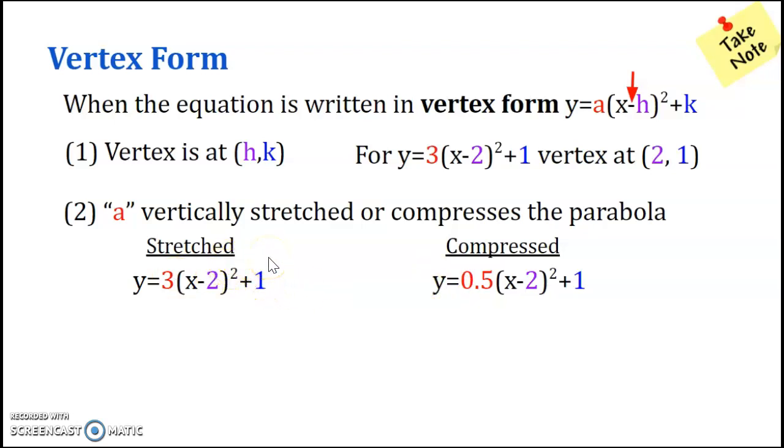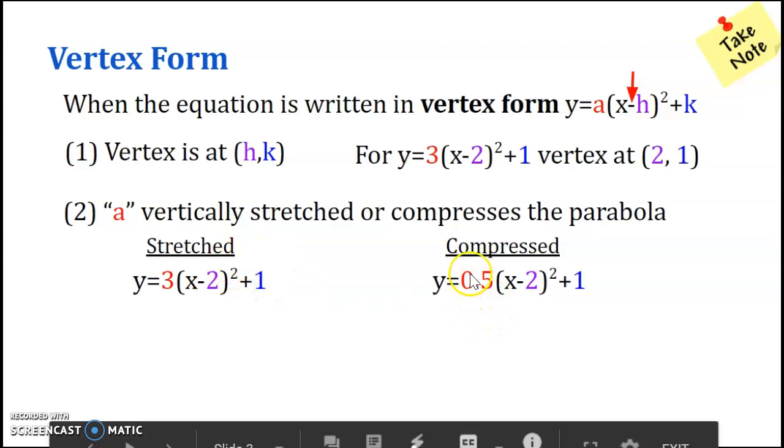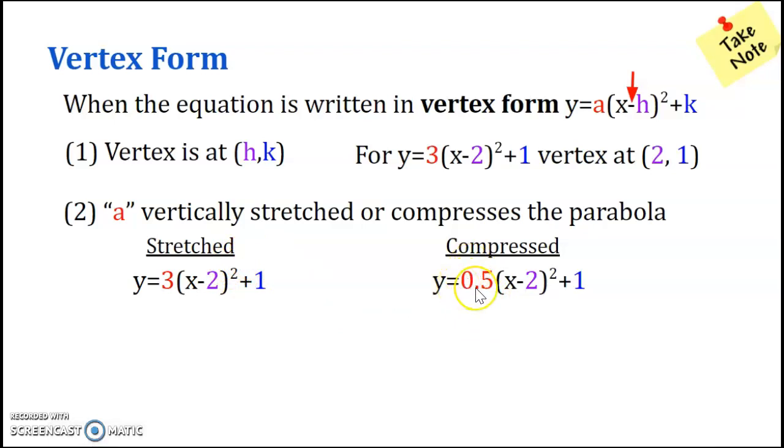It's going to form a skinny parabola. However, if the a value is between -1 and +1, so it could be -0.5 or +0.5, either way, it's going to form a wider, fatter parabola.